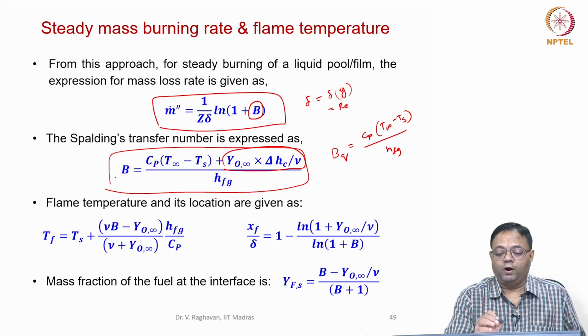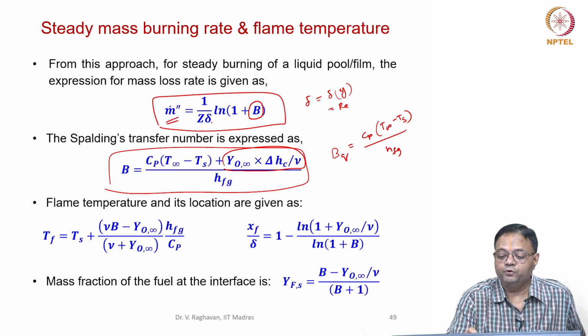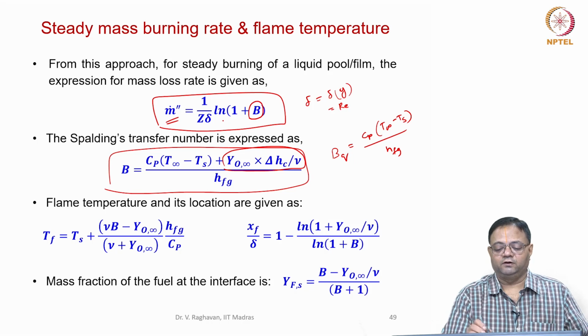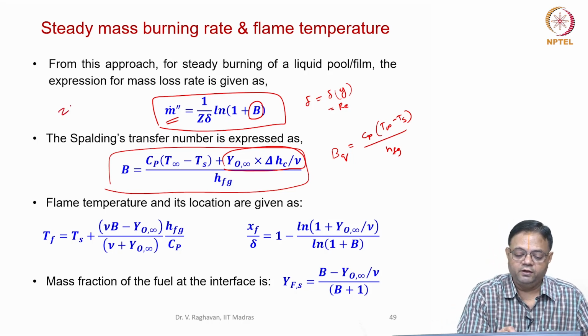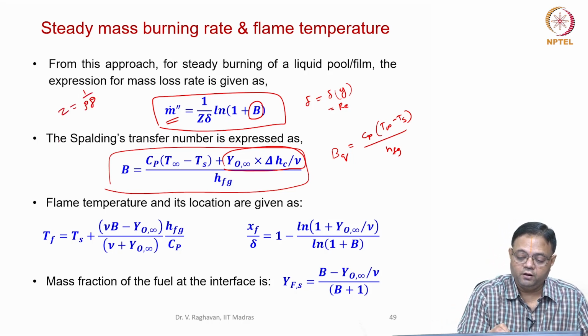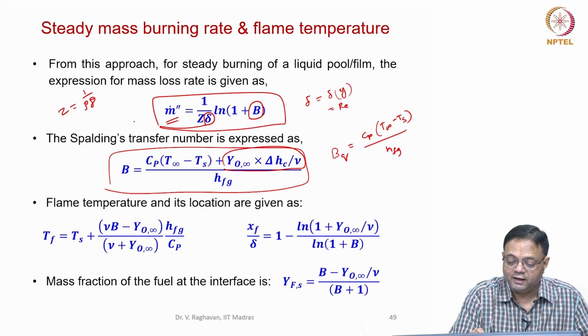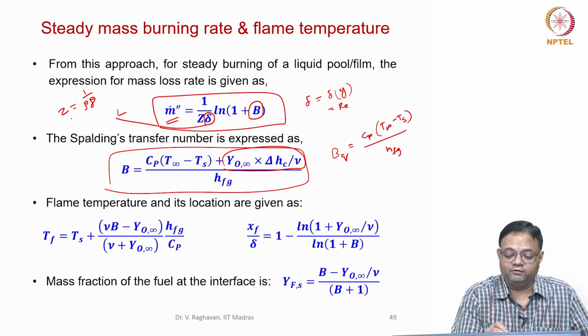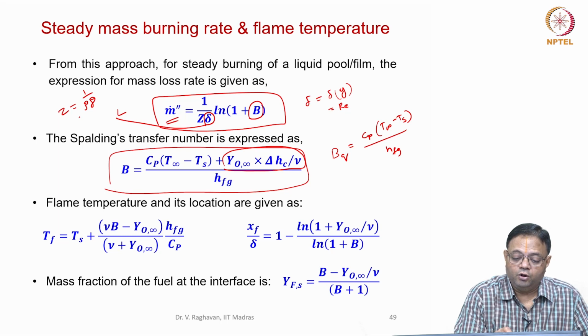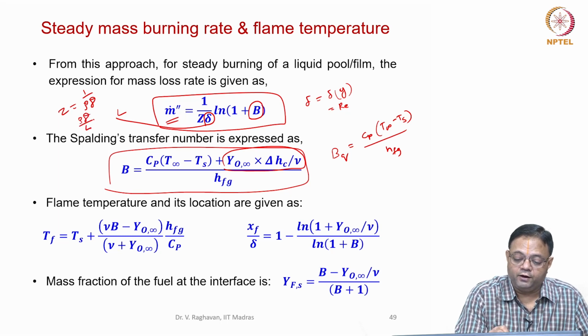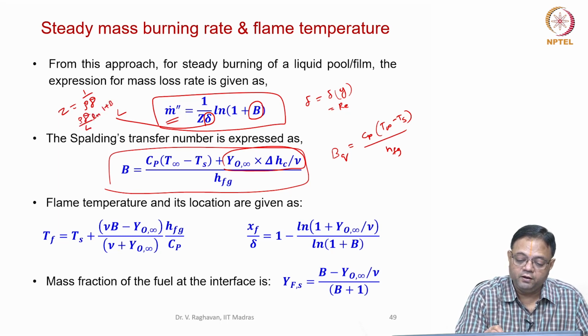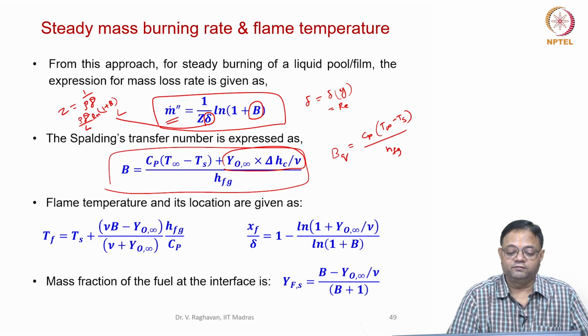So, now once you know the mass loss rate, which is exactly the same expression. So, what is Z? Z is 1 by rho D and this del is like L. So, you can see that it is rho D by L into ln of 1 plus B, something like this, correct?